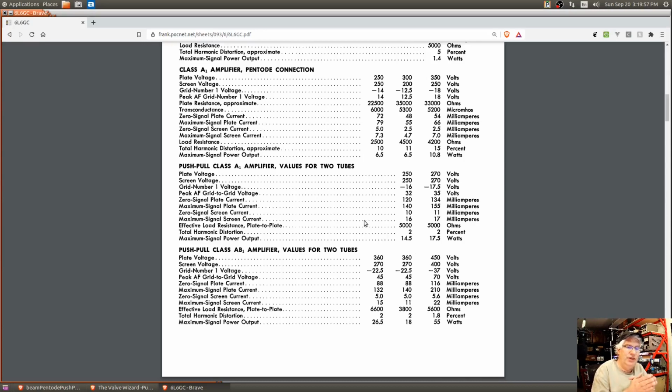If you use these values, in our case this push-pull class AB1 amplifier for 2 tubes, you're going to get the best performance. Back then, the best performance was lowest distortion versus power output.